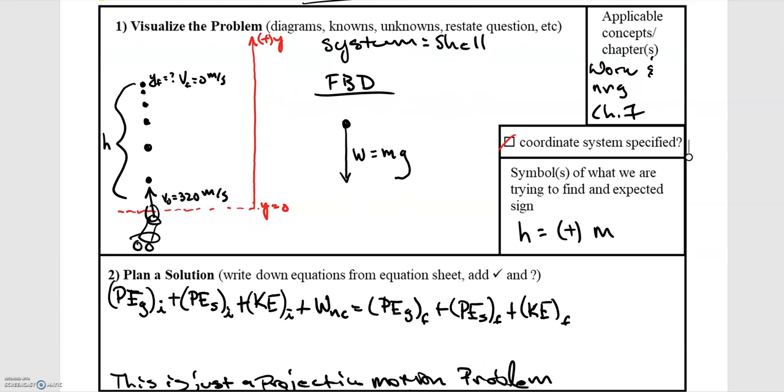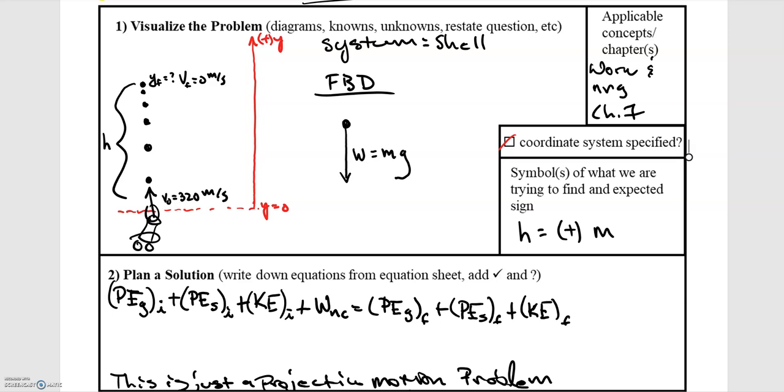We're asked to take an energy approach to this problem. So every time for an energy problem, we're going to start with our 7-term energy equation. We've already talked about what some of these terms are going to be, especially the work done by non-conservative forces. Since we don't have any non-conservative forces, that's going to end up being 0, but we'll deal with that down below.